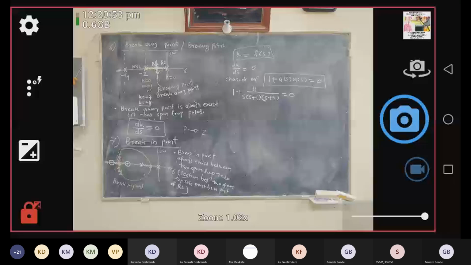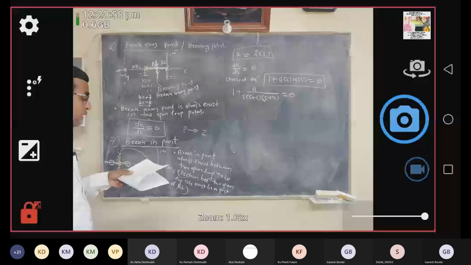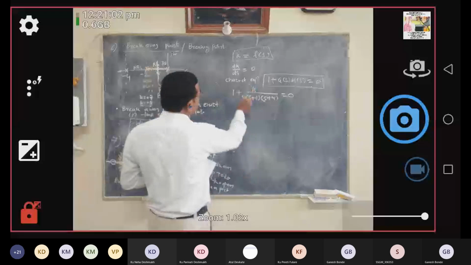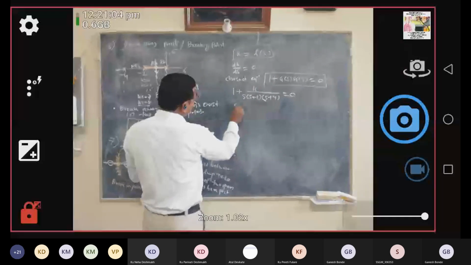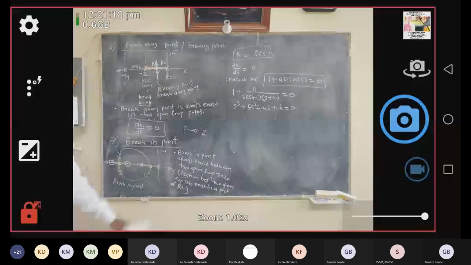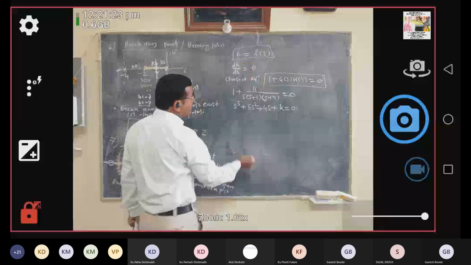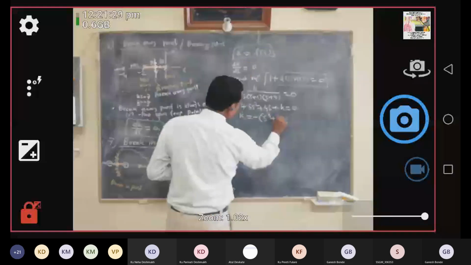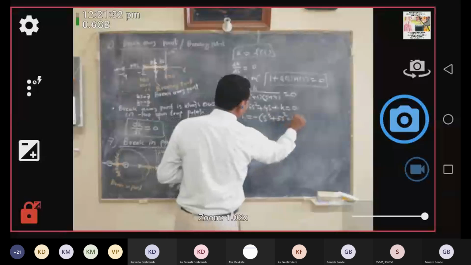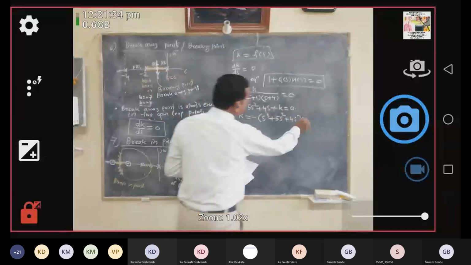So express it in terms of k. If you expand this expression, we get s cube plus 5s square plus 4s plus k equal to 0. Now you can express k as a function f of s. So here you get k equal to minus of (s cube plus 5s square plus 4s).